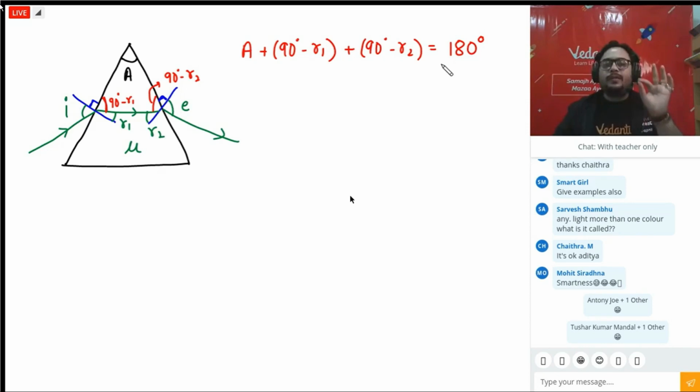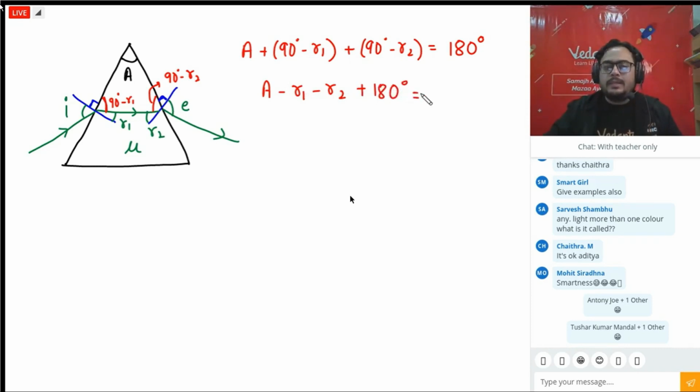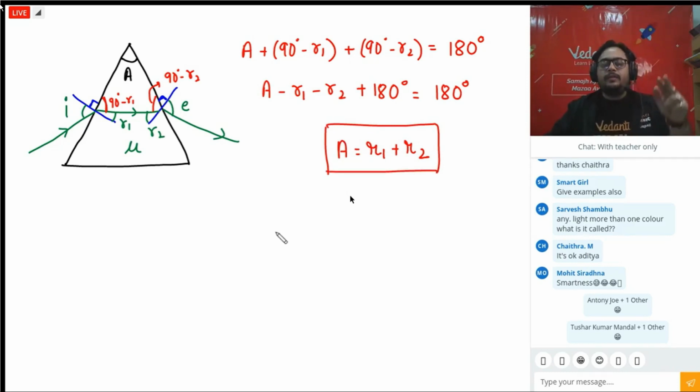Why? Because the sum of all the angles of a triangle is equal to 180 degree. You will get A minus R1 minus R2 plus 180 degree is equal to 180 degree. And you get A is equal to R1 plus R2. So the addition of two refractive angles inside the prism is equal to the angle of the prism.